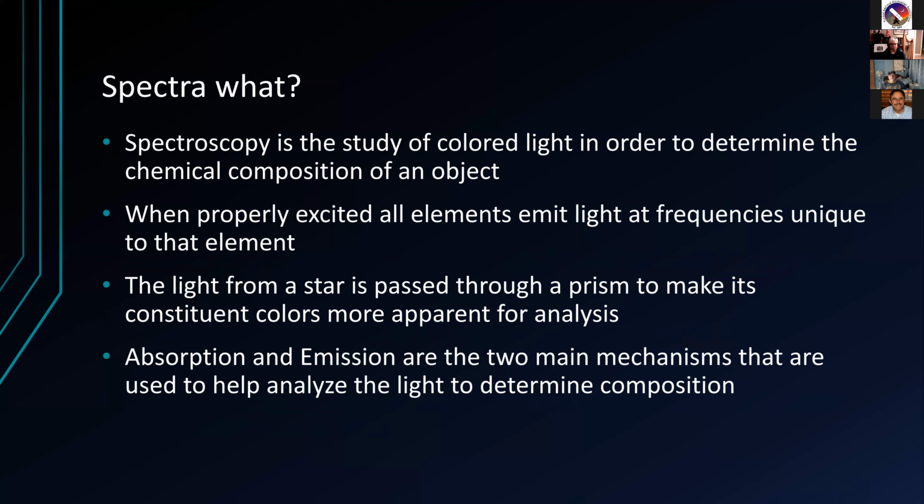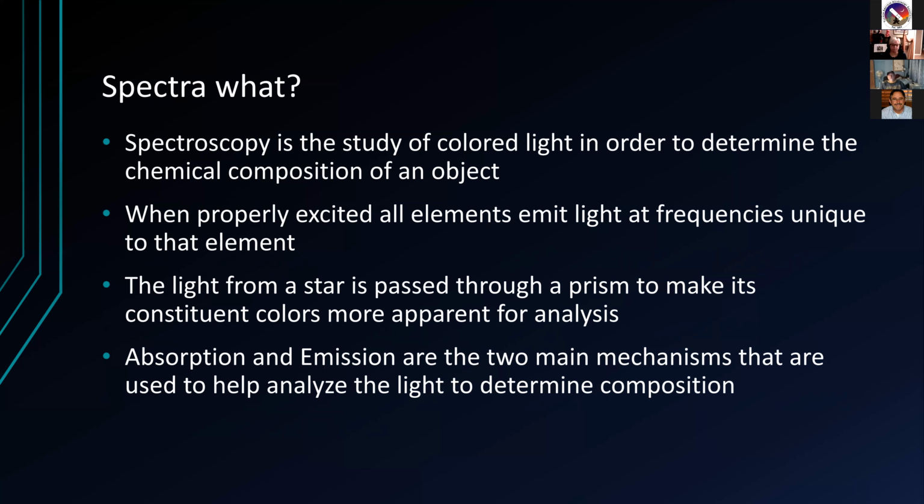The way it works, as I mentioned, is you shine light on or through something, or you excite an object by heating it or bathing it in lasers. This will cause the object to emit, re-emit or absorb light at specific frequencies, which will be unique to the chemical elements that make it up.